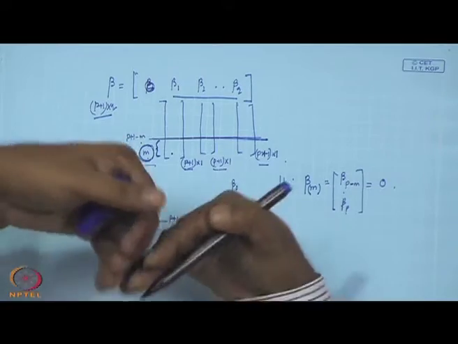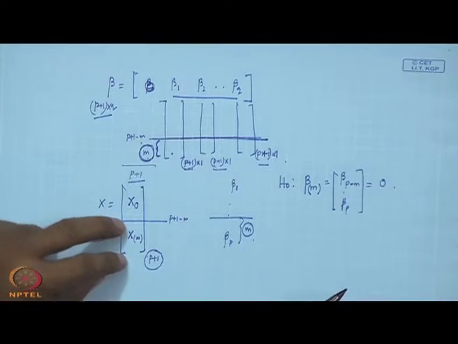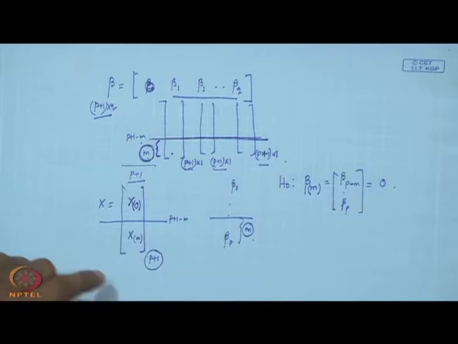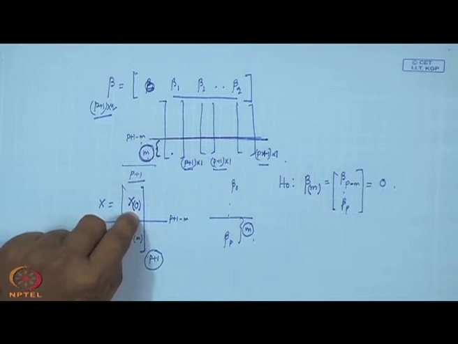We are trying to say there are p variables, let it be 20, p equal to 20. So, I am saying that 15 variables are contributing, and 5 variables as a whole are not contributing. So, I can rearrange those variables: the first 15 variables contributing, like this p plus 1 minus m, that is x 0, and the last ones not contributing, x m. We can write like this. Here also we are writing x 0 within bracket, so that it will not be confused with x 0, that constant, correct.